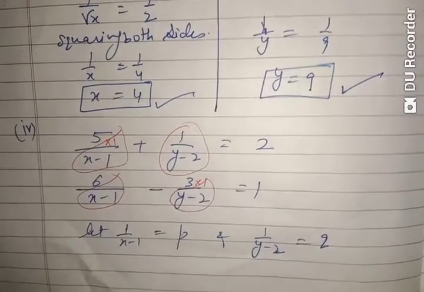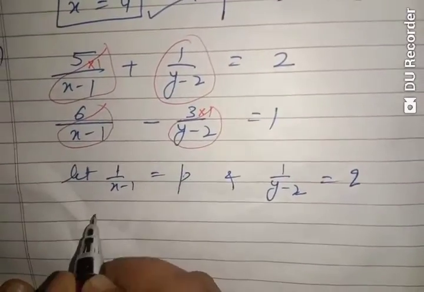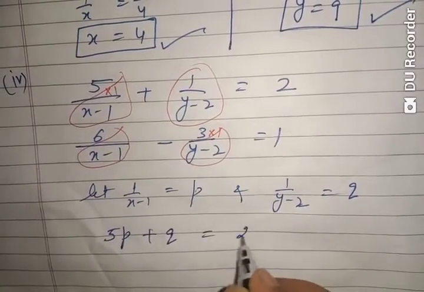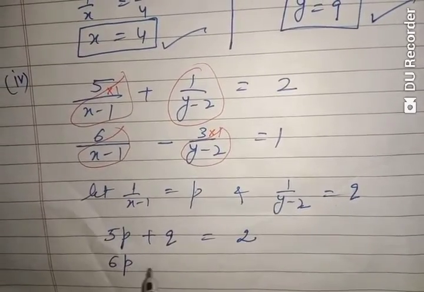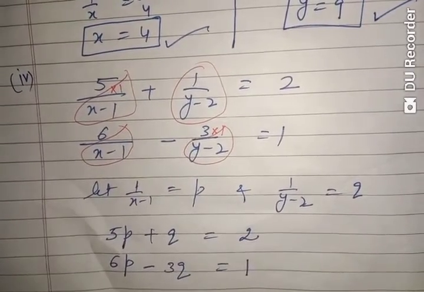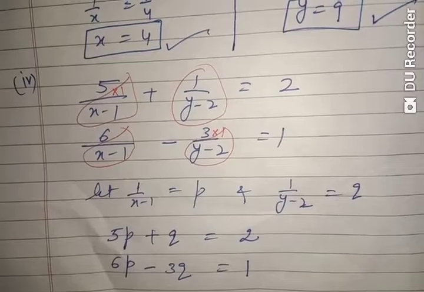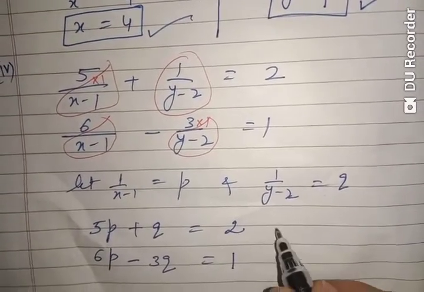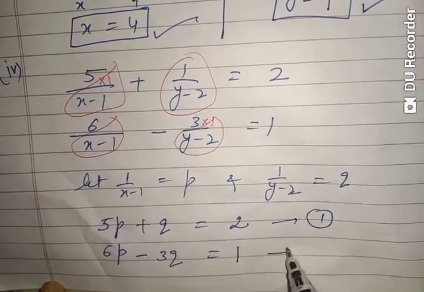So this equation will be reduced to 5p plus q is equal to 2 and 6p minus 3q is equal to 1. I am going to use the substitution method here, and for the substitution method I will name these equations 1 and 2.